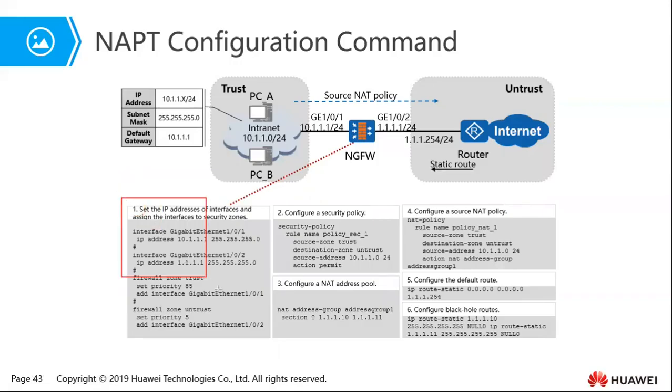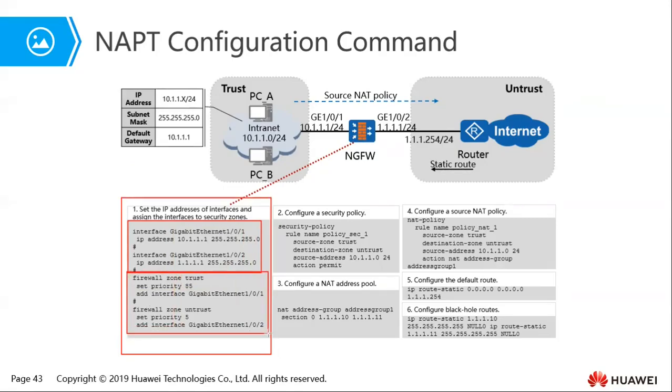In step number 1 here, in the first part, we are configuring the IP address for the interface. In the second part, we are creating the security zones and adding the respective interfaces. As an example, you can see we are creating zone trust, setting the security level to 85 and adding interface 0/0/1, this one here.